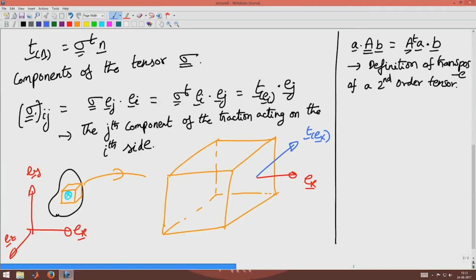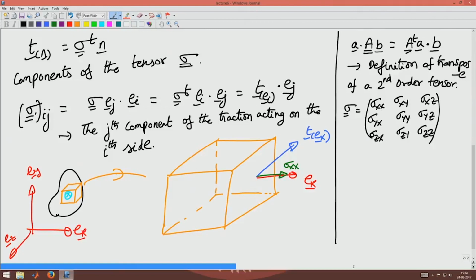Now, I find the components of this traction by projecting it onto Ex, Ey and Ez. Let us do the operation. I have sigma, say, with rows sigma xx, sigma xy, sigma xz; sigma yx, sigma yy, sigma yz; sigma zx, sigma zy, sigma zz.